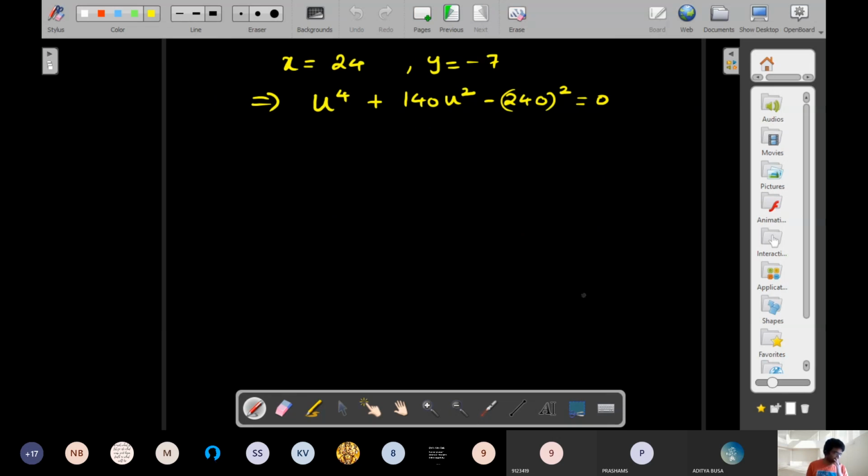So this is a quadratic in u. The value of u comes out to be, after minus b plus or minus root of b square minus 4ac divided by 2a, root 180, which is nothing but 6 root 5 meter per second. So this would be the minimum speed that would be required.